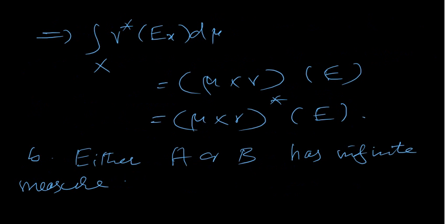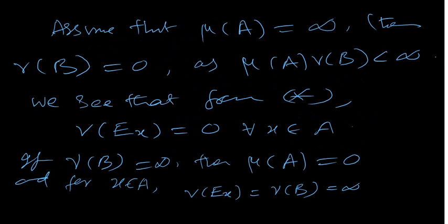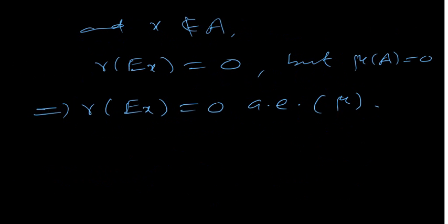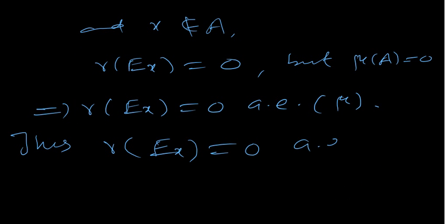In the first case we have seen that nu of Ex equal to 0 for all x in X, not in A, for all x in X. And in the second case, we have seen that this is equal to 0 almost everywhere. Therefore, in general, we can say that nu of Ex equal to 0 almost everywhere in both these sub cases.